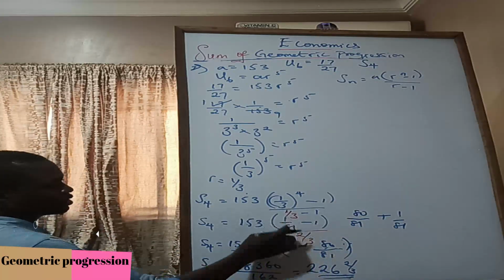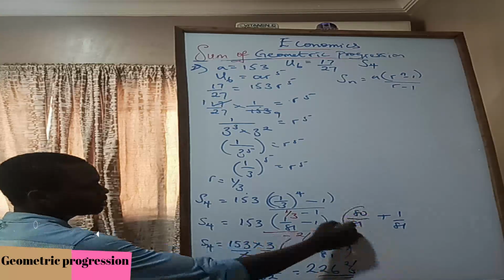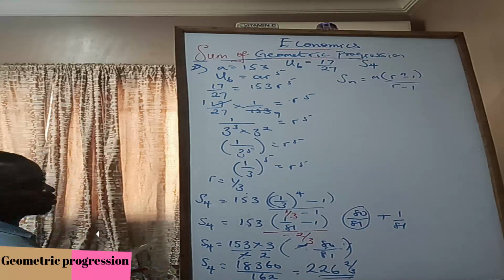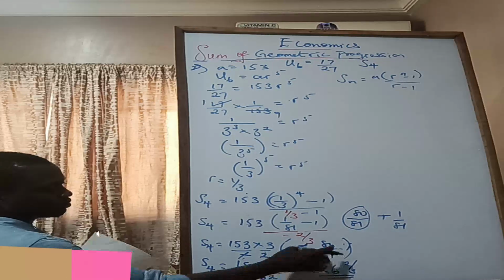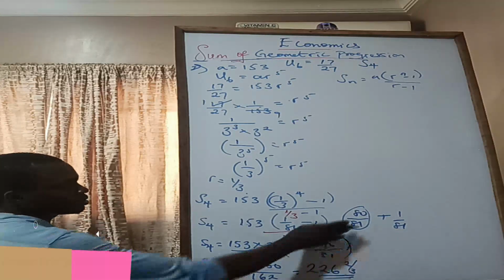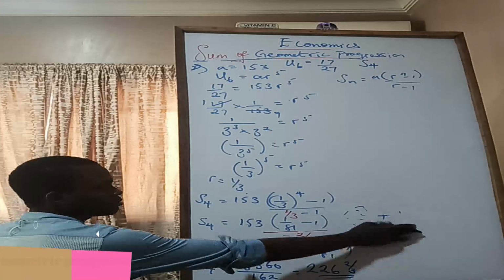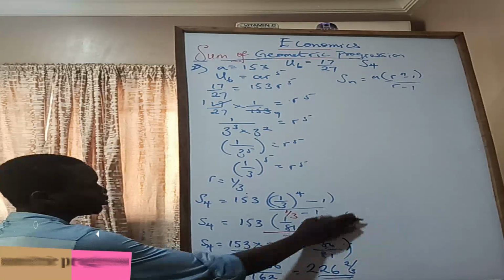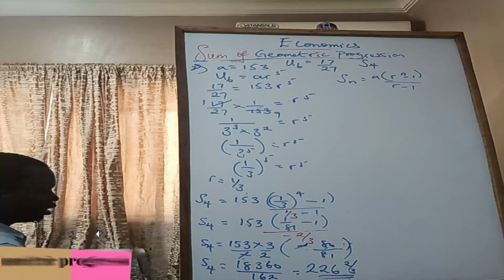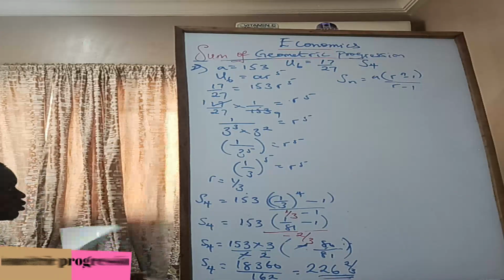So if you're now doing 1 over 81 minus 1, you need 80 over 81 to carry out that operation. So that's why it is minus 80 over 81, then just multiply it out. But if all of these things seem confusing, just use your calculator, get what you're supposed to get and then leave it alone. So with that, we've gotten the answer to that question.